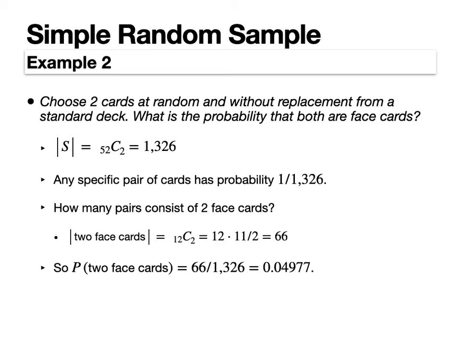So the number of ways of doing that is 12 choose 2. That's 12 times 11 over 2, which turns out to be 66. So the probability of getting a pair of face cards dealt in a deal of size 2 would be 66 over 1,326. That turns out to be just a little less than 5%.